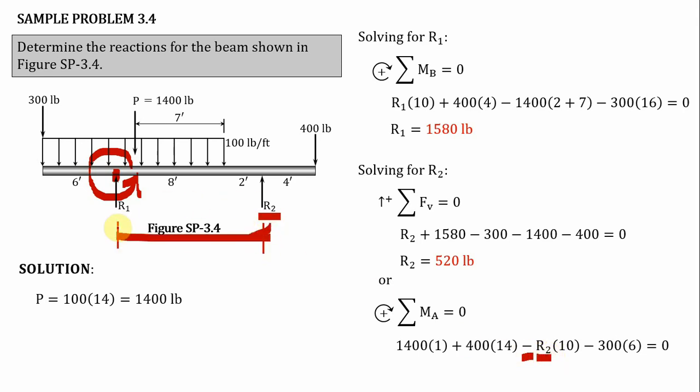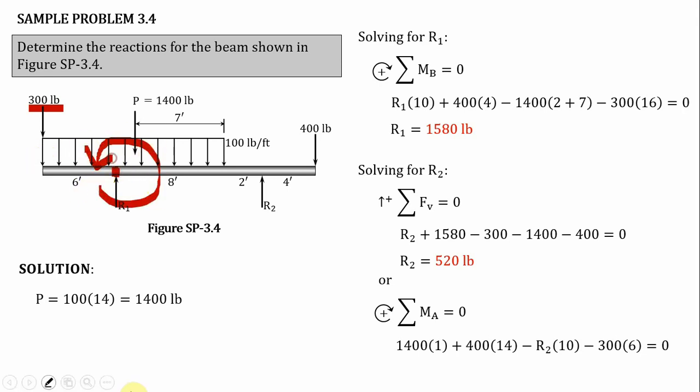This is the moment arm of R2, class, equal to 10 feet. So that's why times 10. And then the last force, class, is the 300 pounds. When we take moment there at point A, it will create a counterclockwise moment, so minus, times the force, that is 300 pounds. And what is the moment arm? This, class, is its moment arm.